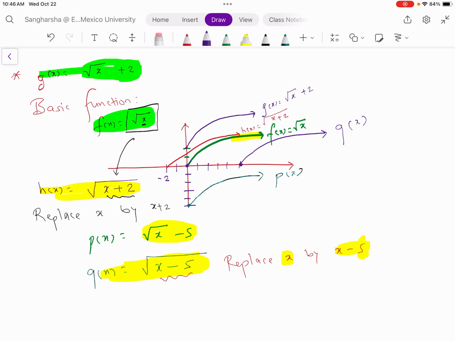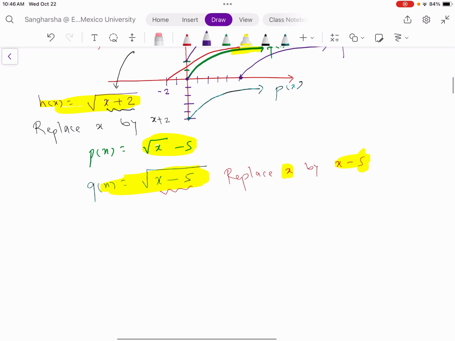Okay, so let me add one more example and I want you to practice that before we go to the next type of transformation.